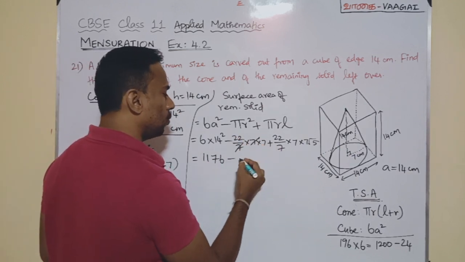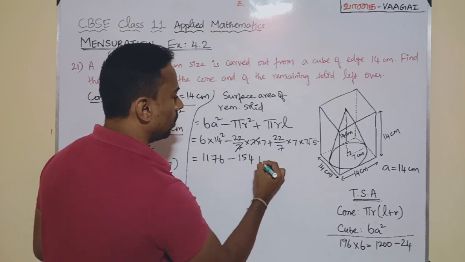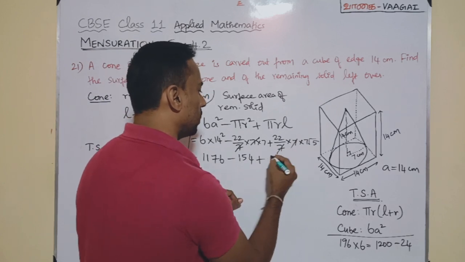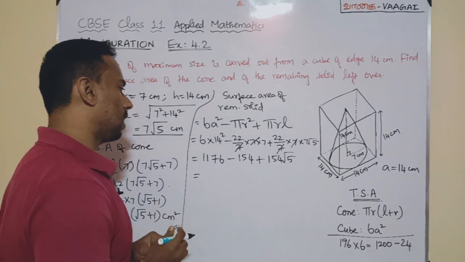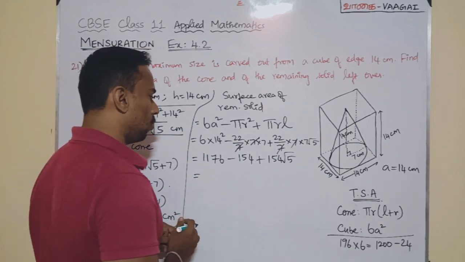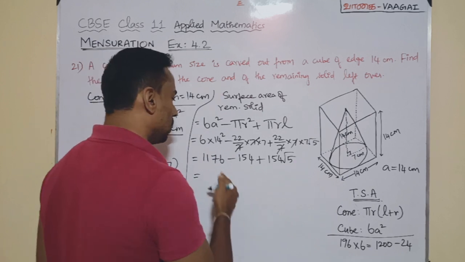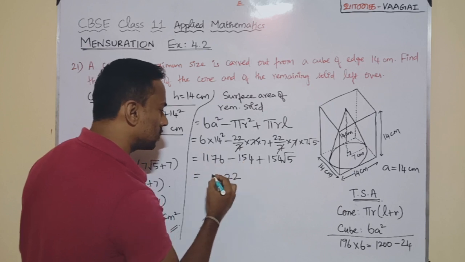Minus this 7 and 7 I can cut, so 22 into 7 will be 154. And then next I will also have this extra value, this 7 and 7 I will cut, I will be getting 154 root 5. Now when I carefully do this calculation, I will be getting 1176 minus 154. These two numbers I can first of all subtract. 6 minus 4 is 2, 7 minus 5 is 2, 11 minus 10 is 1.